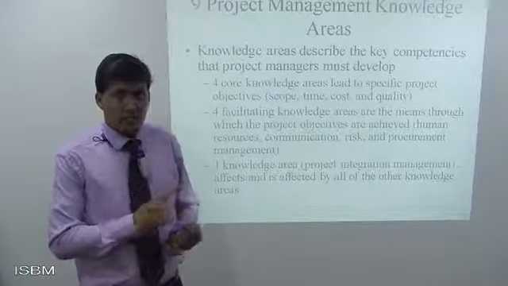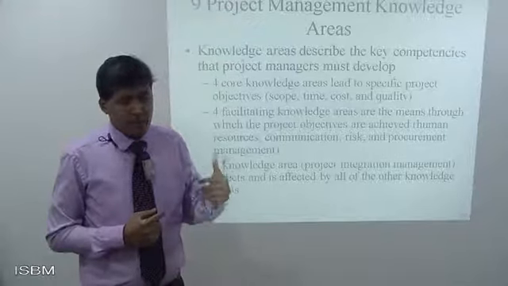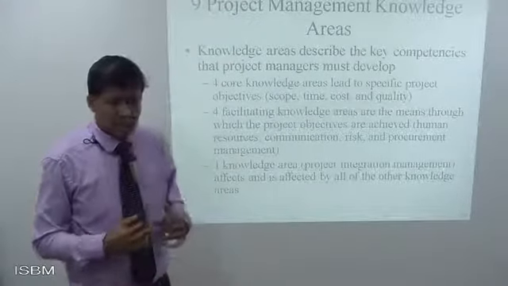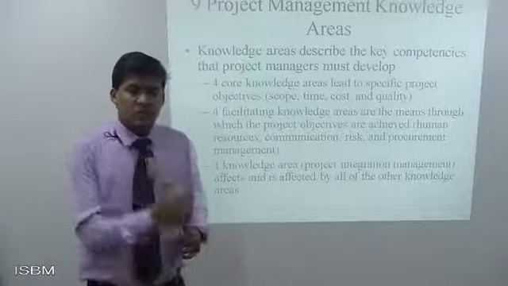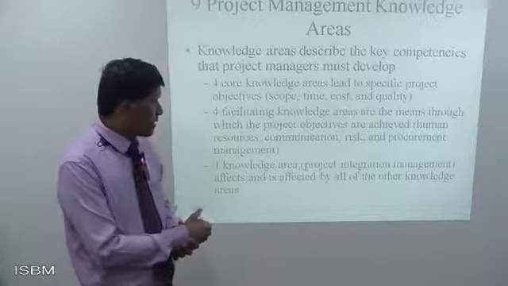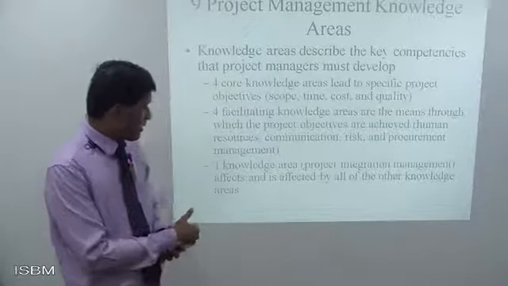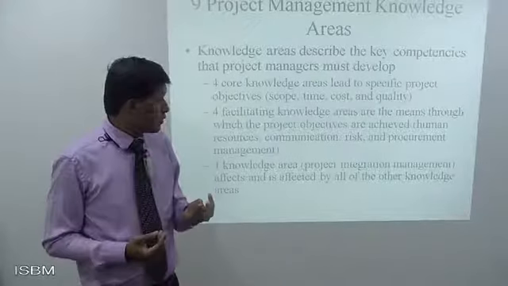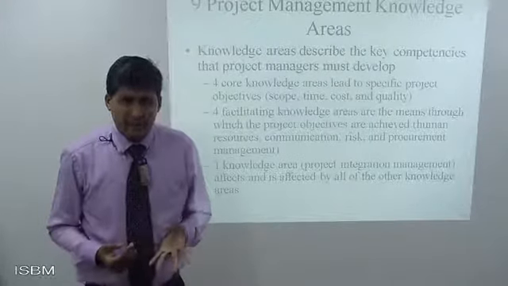So this is 4 plus 4, 8, and we are speaking of 9. 1 knowledge area is something that integrates it all. So it's project integration management, which affects and is affected by all other knowledge areas. So there are 4 knowledge areas primarily, that is scope, time, cost and quality.